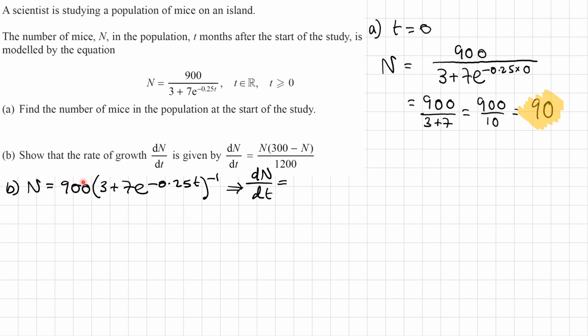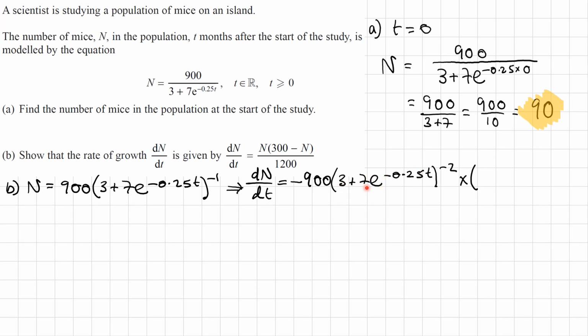So now we can differentiate this by using the chain rule. Actually, I know it's a product, but this is a constant again. So if I differentiate the outside of this bigger bracket here, I'll have negative 900 times 3 plus 7e to the negative 0.25t. Remember, the inside doesn't change. And I've got power minus 1. You take 1 away from the power, so it becomes negative 2. And then what I need to do is times by the inside differentiated.